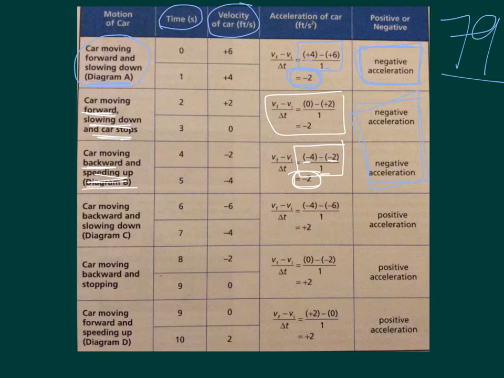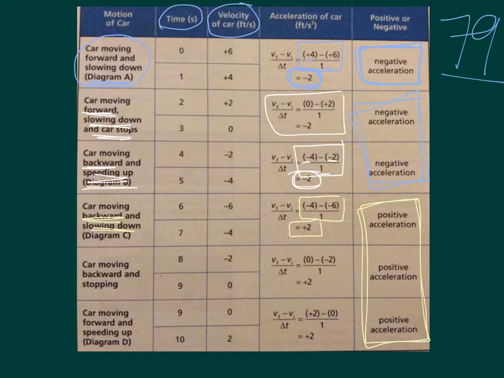In the next three examples, there's a positive acceleration. And that has to do with, again, the motion of the car and what's happening to the speed. So in diagram C, the car is moving in the opposite direction as it was originally moving and slowing down. So we have a -4 minus a -6 over a time of 1 second.